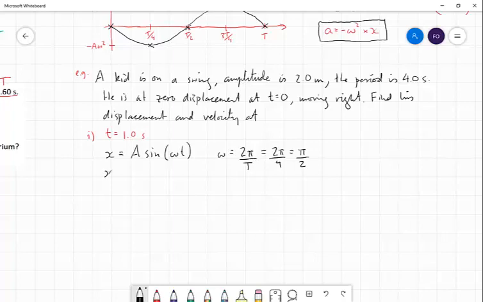So x is going to be equal to, the amplitude was 2 meters, 2.0 times sine of pi over 2 times 1.